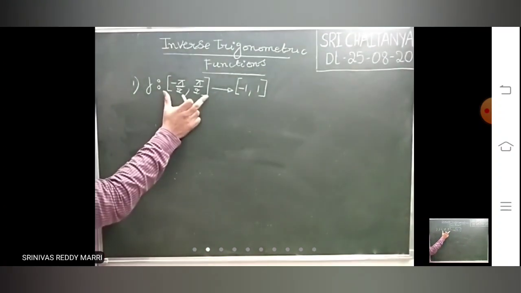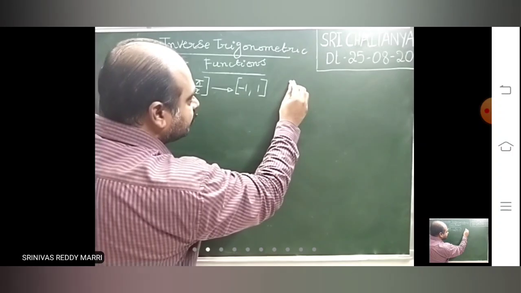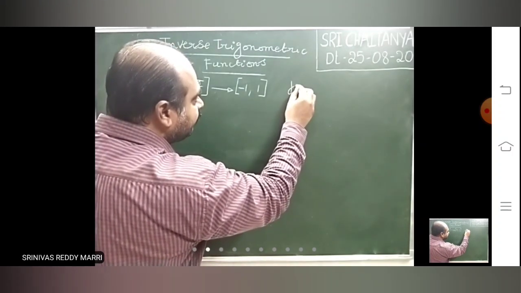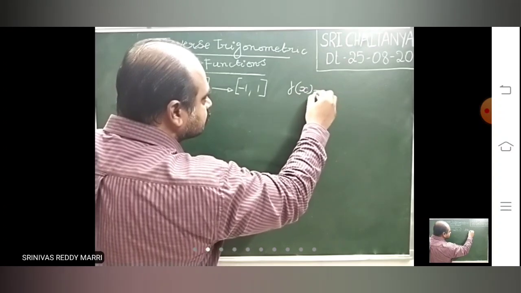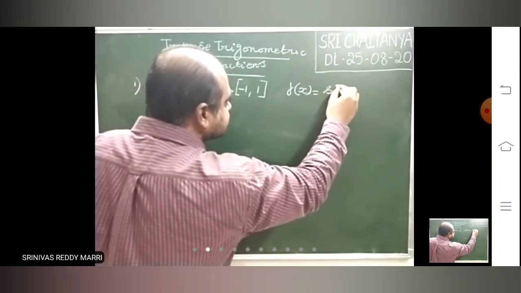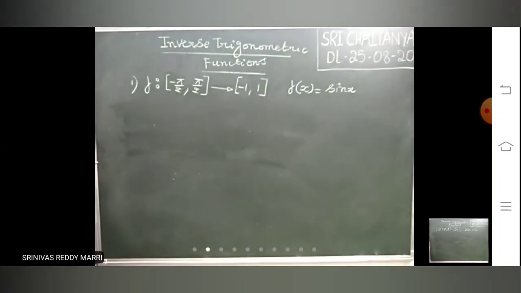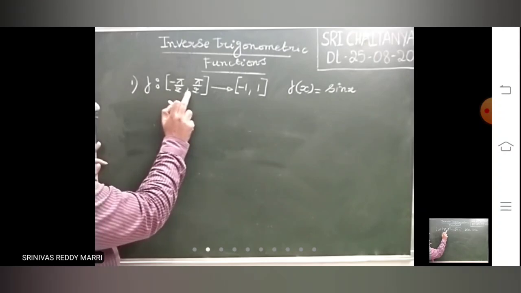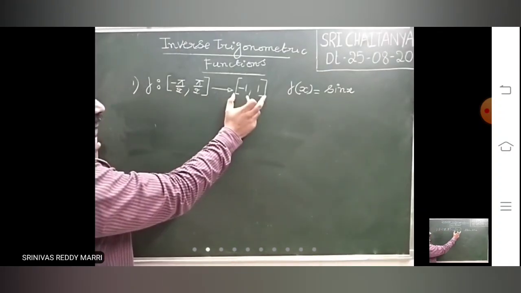I am taking the domain as minus pi by 2 to pi by 2 and the range as minus 1 to 1. I am defining f of x equal to sin x. If x is from minus pi by 2 to pi by 2, the range will be from minus 1 to 1.